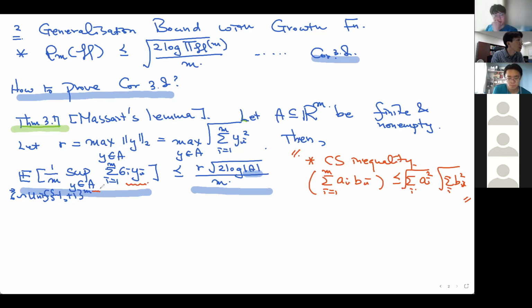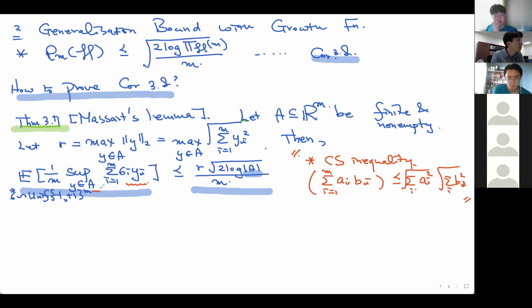For yi, the only information that we capture is its maximum norm, and for A, the only information that we capture is its size. So we want to separate out intertwined information into two separate pieces of information.